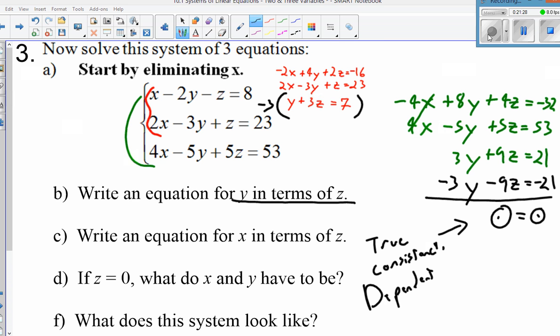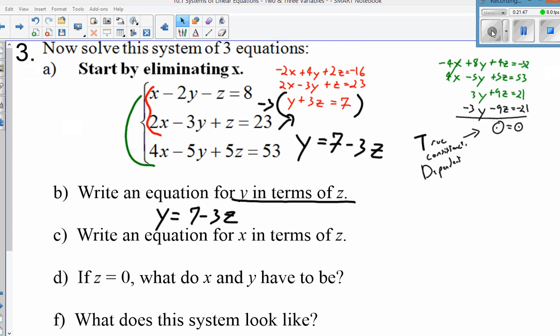So to give my dependent solutions, I want to write an equation for y in terms of z. Well, let's just use this one right here. I can say that y is equal to 7 minus 3z. So now what I need to do is I need to write an equation for x in terms of z.